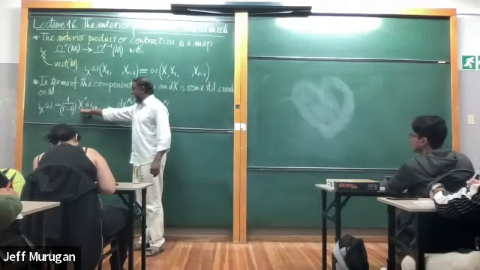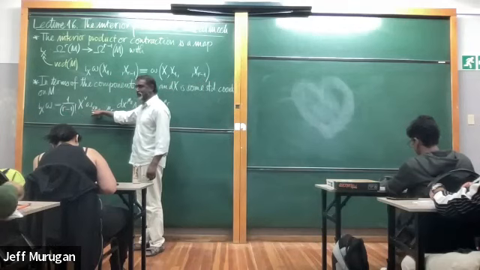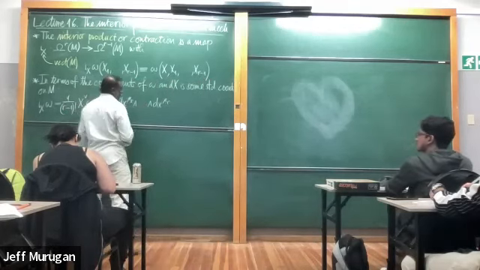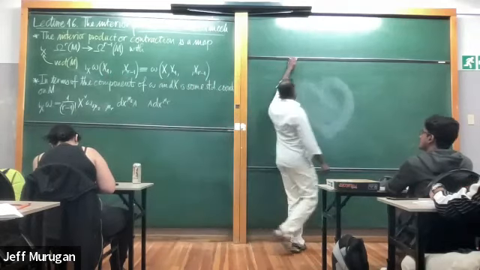You contract x^mu, the component of the vector, with the first index of omega. So it seems like I'm favoring the first index.